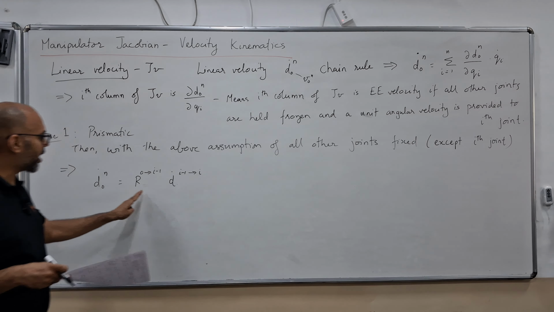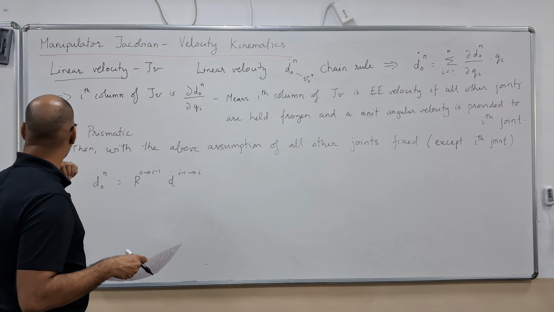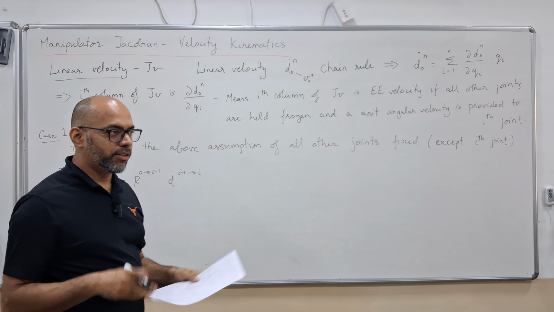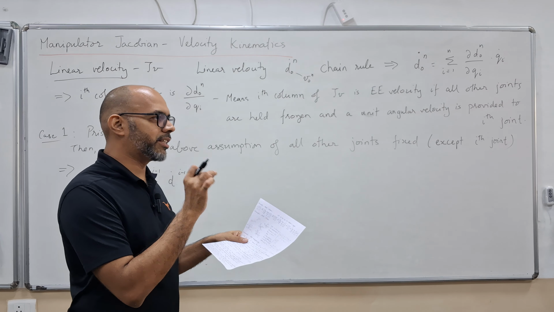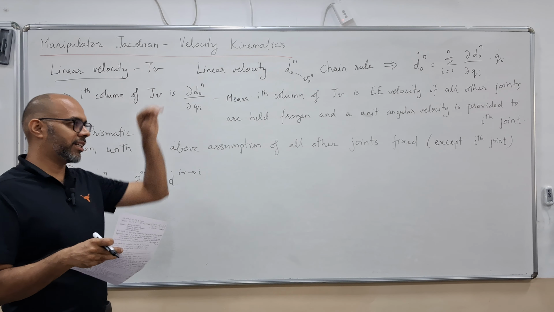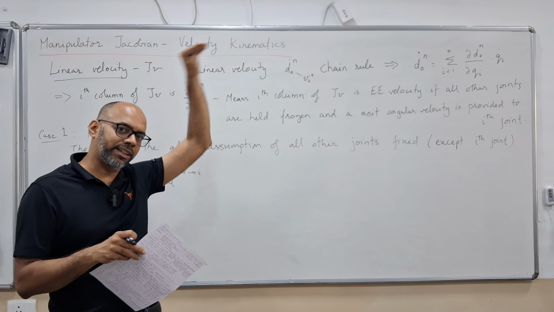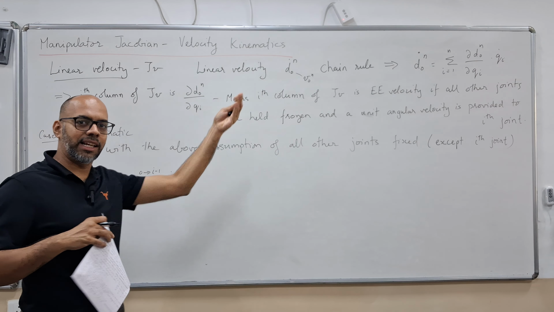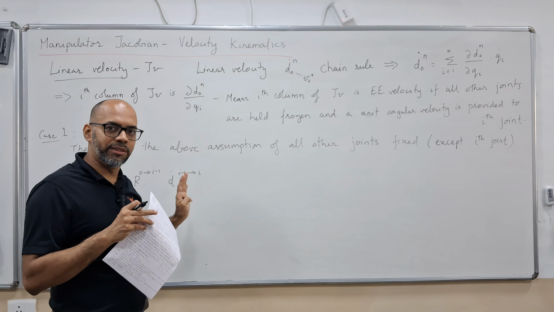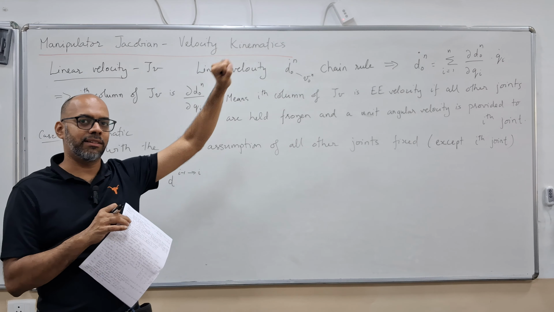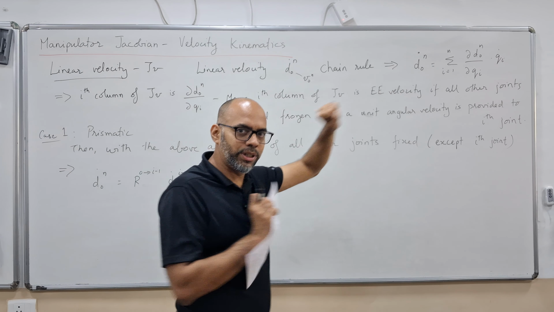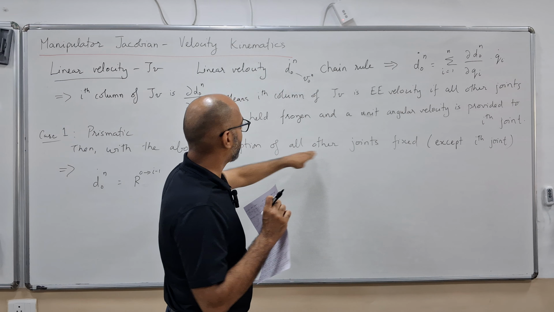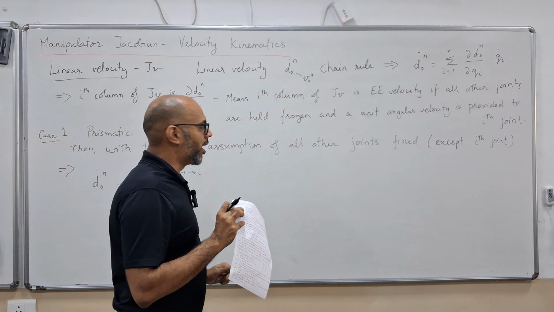Why is that? Because that's the only motion that is happening, and in a prismatic joint, whatever linear velocity you get at that joint is directly transmitted to the end effector with that same linear velocity, right? There is nothing else moving in between. So the rest of the chain is moving together as one rigid body because all the other joints are fixed.